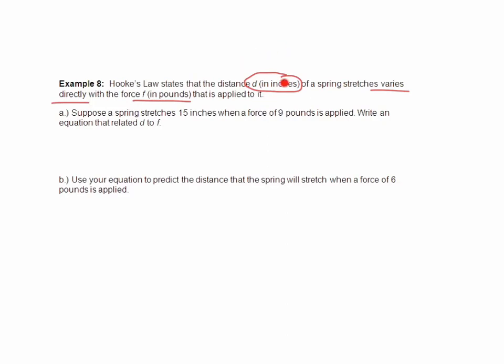So my first letter in the equation is D, because that appeared first on my paper. So I have D equals, and when it says varies directly, yep, that's my cue to pop the A in there. And then the last letter in the problem is an F. So literally I can read this as distance varies directly with force in pounds. That's what that means.